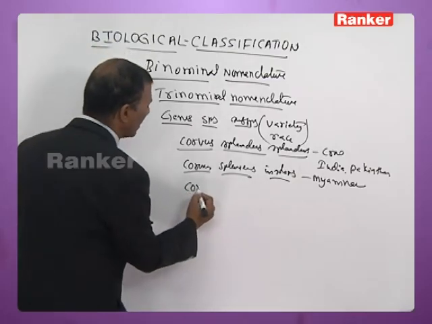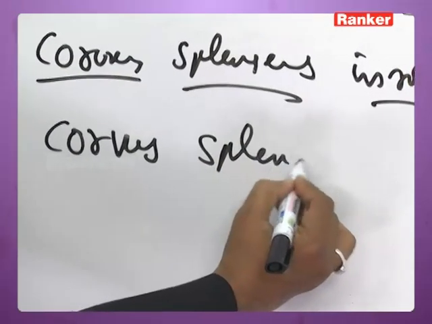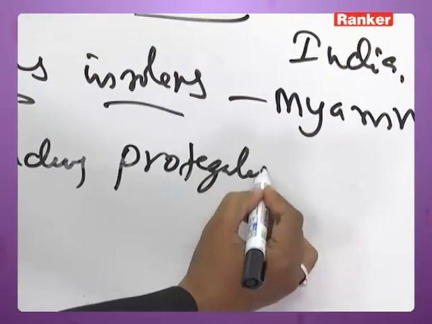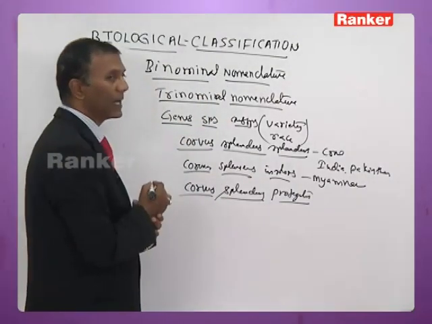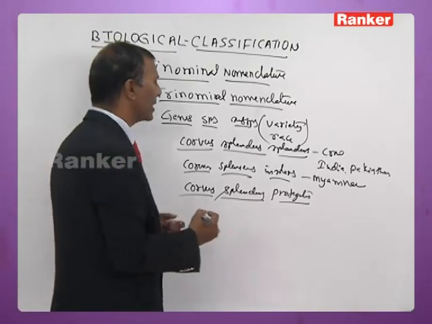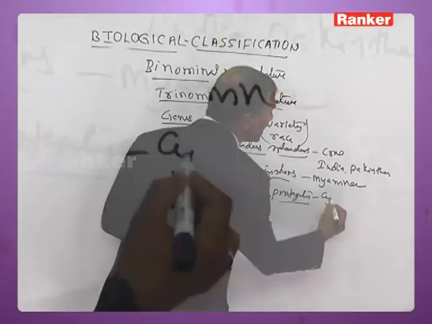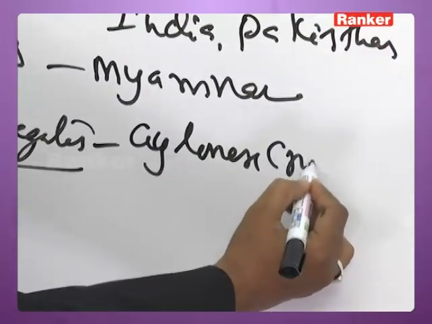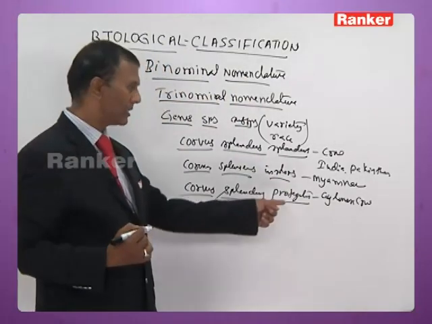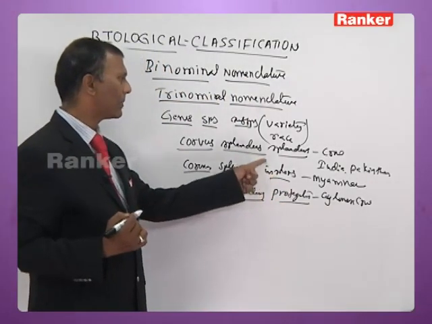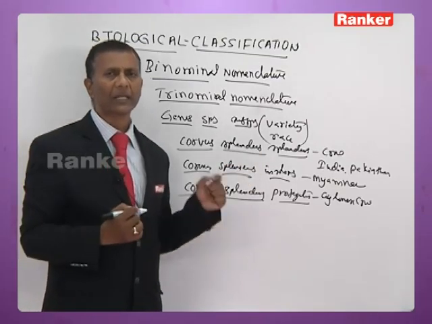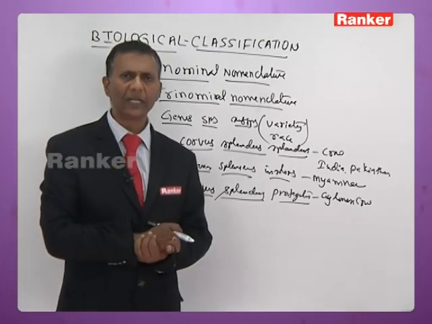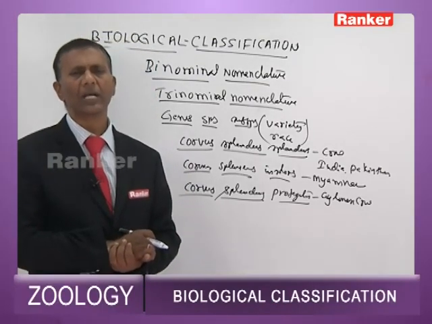Then another example, Corvus splendens protegates, is called the Ceylonese crow, which lives in Sri Lanka. So this lives in Sri Lanka, this in Myanmar, and this in India and Pakistan. Like that, in trinomial nomenclature, the last word tells us about its geographical distribution. Such species can be called subspecies.